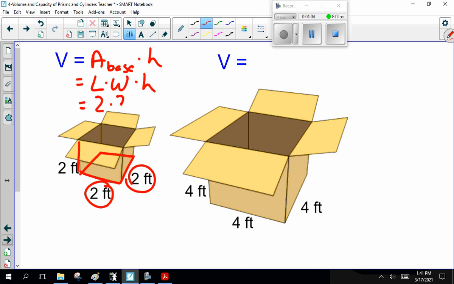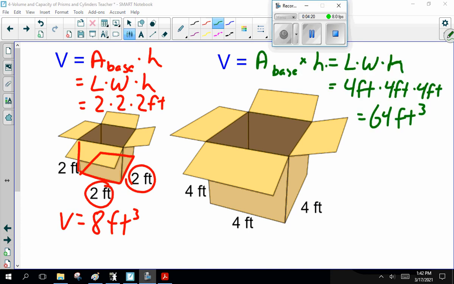So it's 2 by 2 by 2 feet, so the volume is 8 cubic feet. Now, pause the recording and calculate the volume for the 4 by 4 by 4 foot box. Okay, guys. When I did it, I got 4 feet by 4 feet by 4 feet, which is 64 cubic feet. All right?